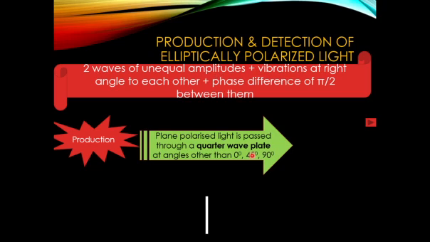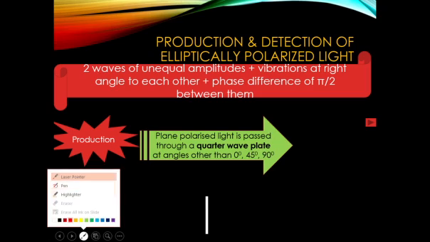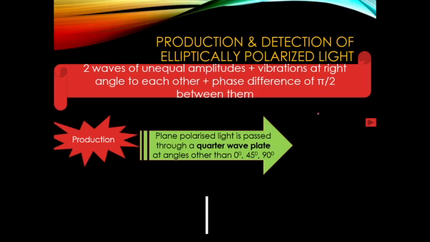If it is at 45 degree, what happens? They will split. Let us consider this as a material, and if the light is incident parallel to the optic axis, that is what you mean by 0 degree, then there is nothing to split along the right direction.